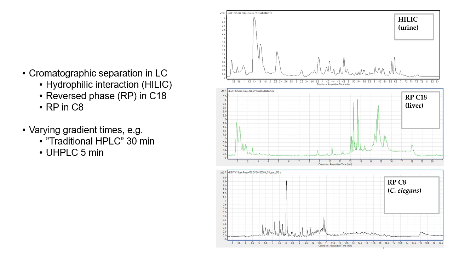Even something like a 5 minute run is possible. What we typically apply in our everyday analytics is around 15 minutes. So that's a very typical runtime in metabolomics analysis.